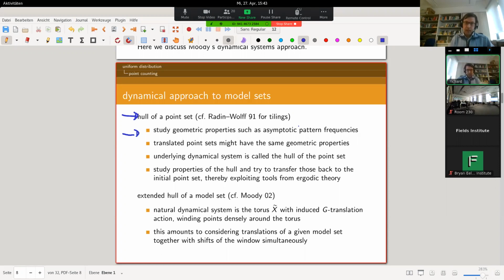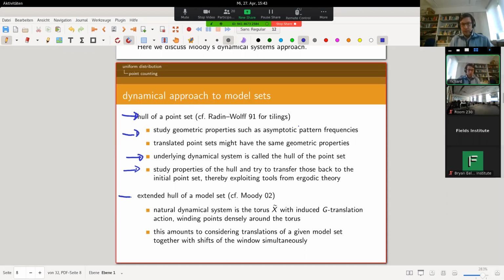The underlying dynamical system then is called the hull of the point set. And the idea then here is to study properties of the hull in a dynamical way, and then try to transfer those back to the original point set and hope that they tell you something about the initial point set. And this way you can exploit tools from ergodic theory.